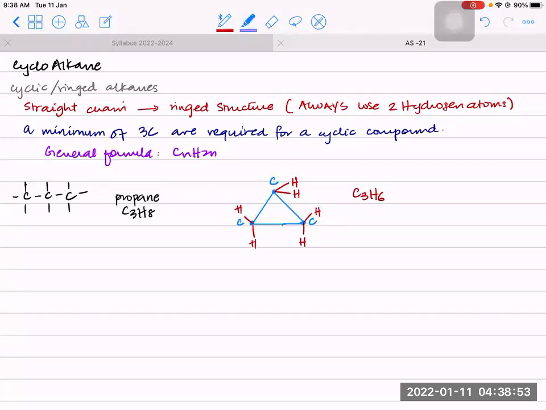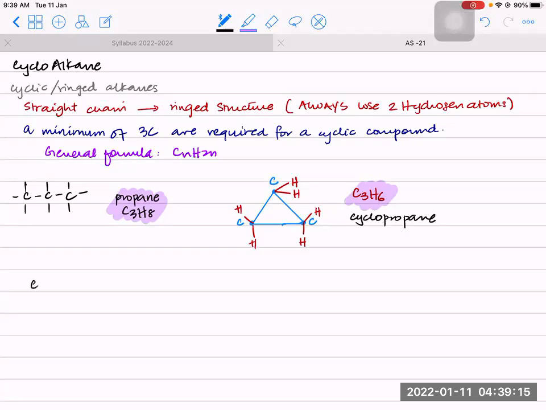When you go from a straight chain to a cyclic compound, you have lost 2 hydrogens. And what will we call this? We will call this cyclopropane, because this is a cyclic propane or a cyclic alkane.